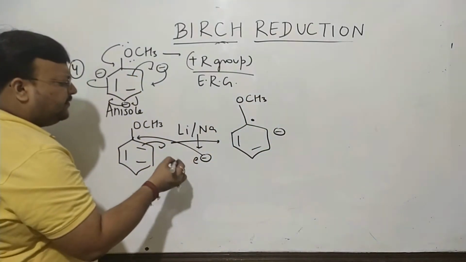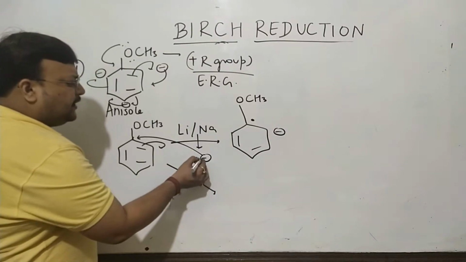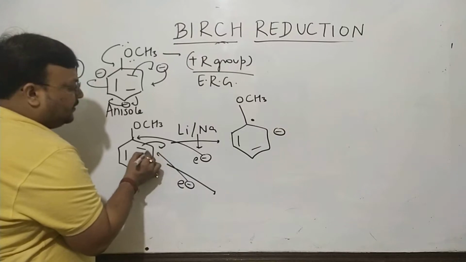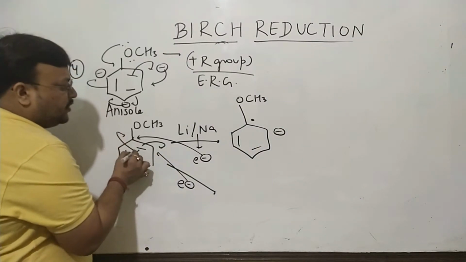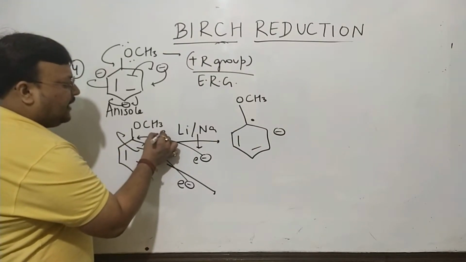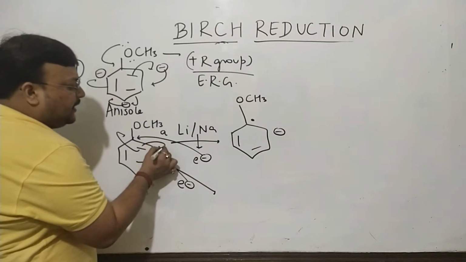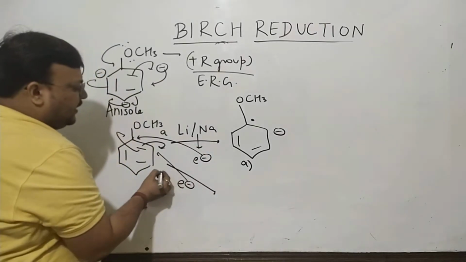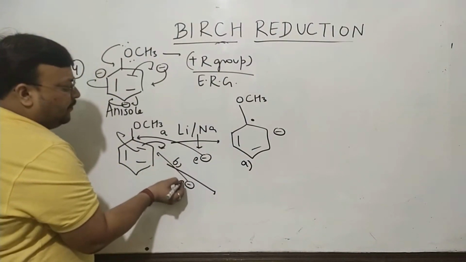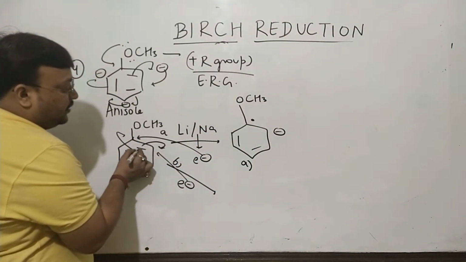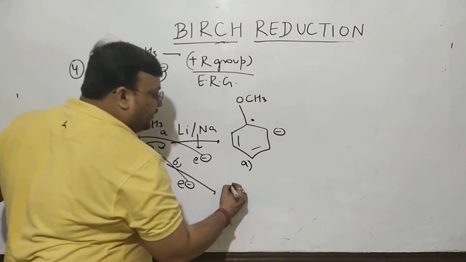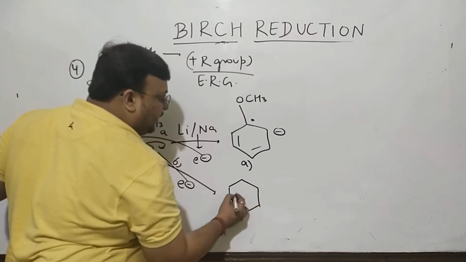The other possibility is this electron going to this carbon, and the pi bond coming here. I'll call it possibility A, where the negative comes at the ortho position as the intermediate. In possibility B, the electron goes to the ortho position and this lone pair comes to the carbon having OCH3.